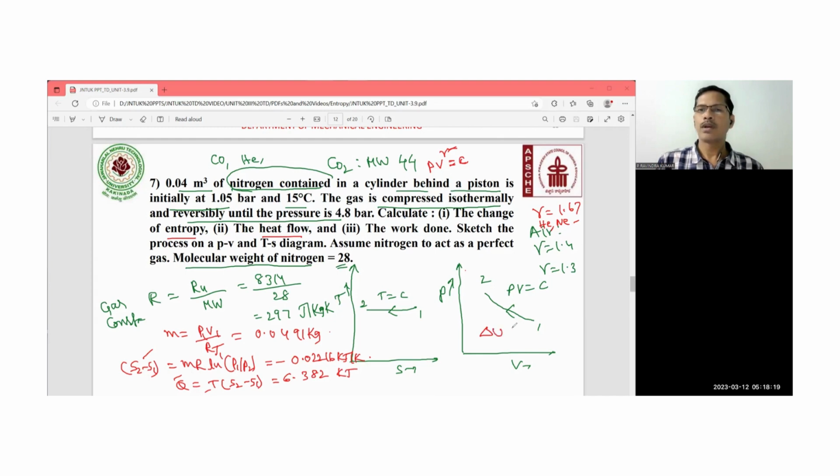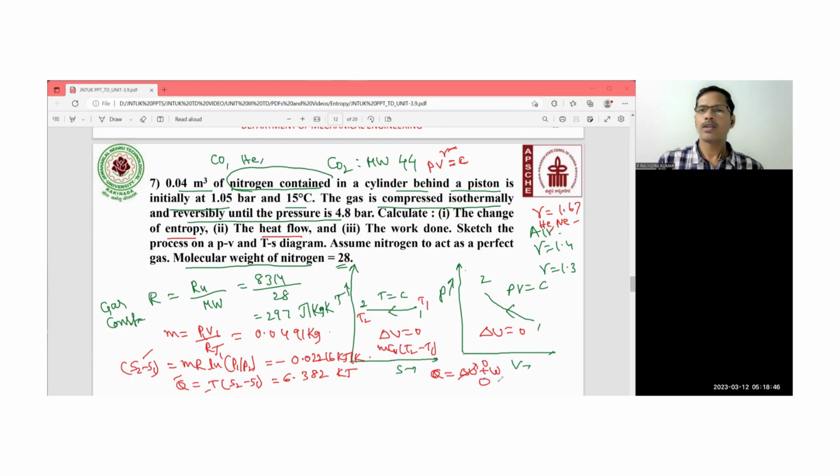For an isothermal process, delta U is equal to 0, because it is mCV into T2 minus T1, and T1 is equal to T2, so it is 0. Then apply the first law, because Q is equal to delta U plus W, but delta U is 0.